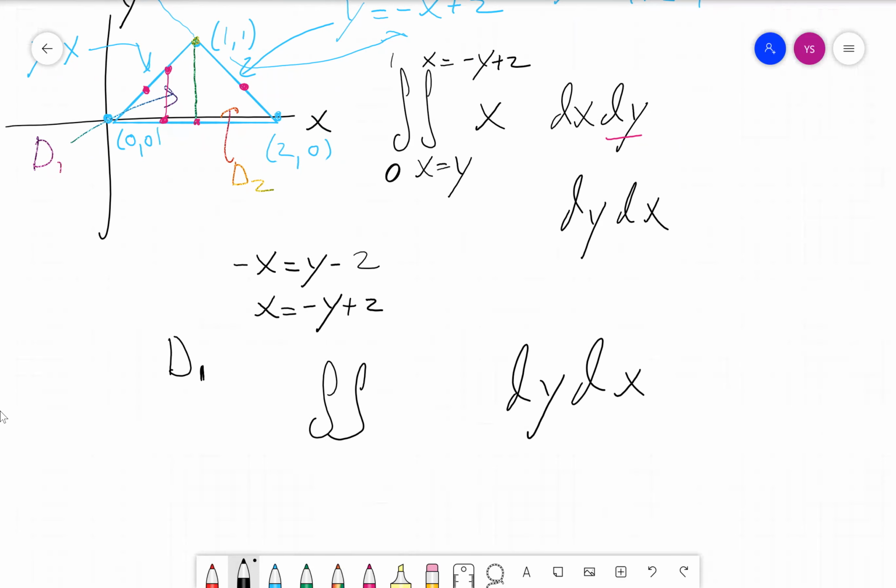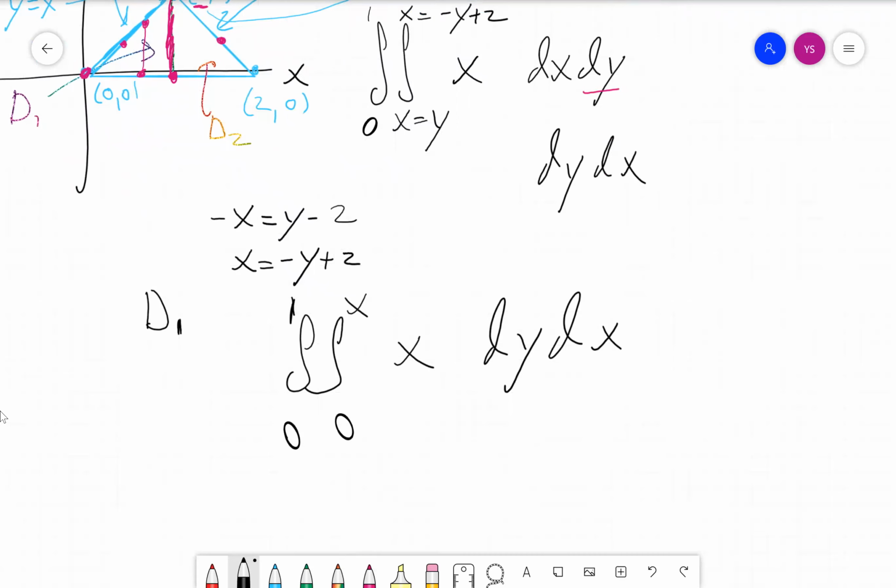Yeah, 0 to x. And then from where until where is x going? 0 to 1, right? We're going up until x because we're going up until this line over here. And then our extremes are 0 all the way to this point on this boundary, where x is equal to 1. Any questions so far?